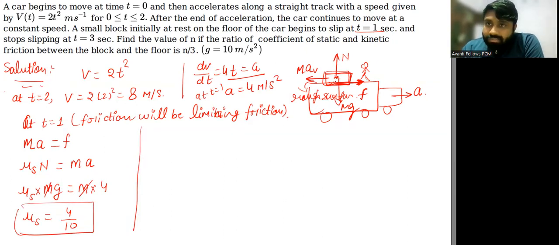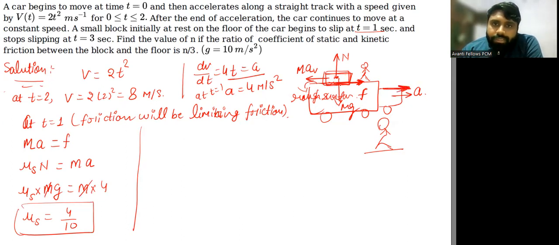Now when this body has started the movement, initially it is moving with a speed of 8 meter per second, because if you see the motion of this body on the ground, now we have shifted our frame to the ground. So this body is moving with the vehicle. Okay.